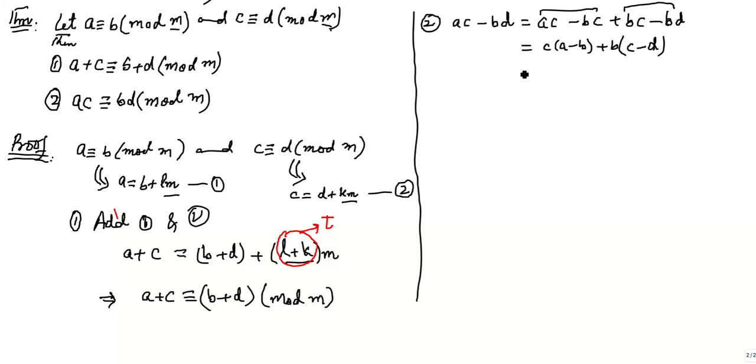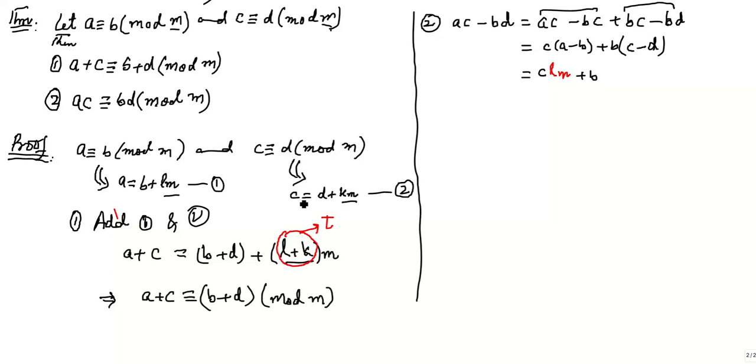Okay. Look at equations 1 and 2. In equation 1 we can also write a minus b is equal to lm. So, here we have a minus b, and this a minus b could be replaced by lm. Then we have b. Look at equation 2, that is c equals d plus km.